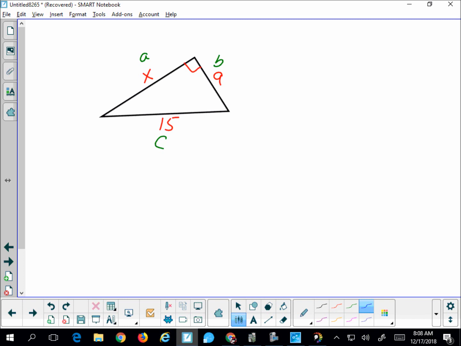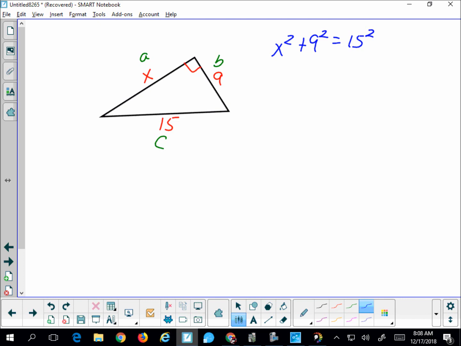So for this one, what's my equation going to look like? A squared plus B squared equals C squared. So x squared plus 9 squared equals 15 squared. All right, so what's different about this problem and the first example we did?